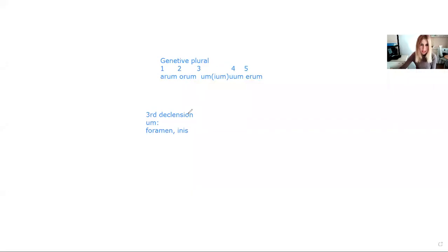So foramen, foraminis: foramen 3 syllables, foraminis 4 syllables. It means that this word is imparisyllaba, a different amount of syllables. In the stem, we can see just one consonant. The stem is foramin-; we removed the ending -is.